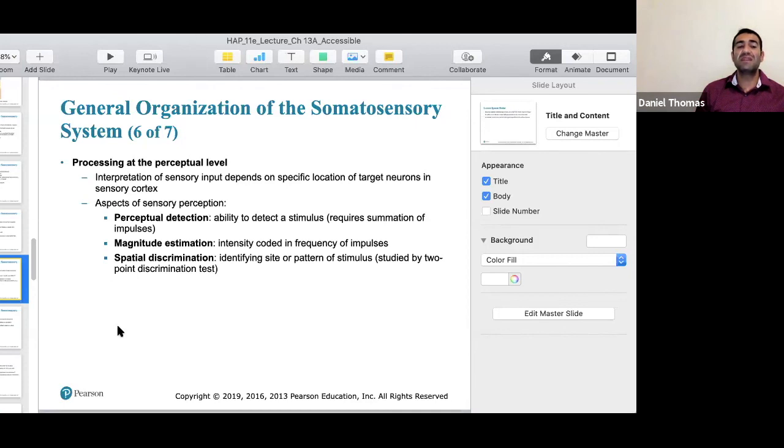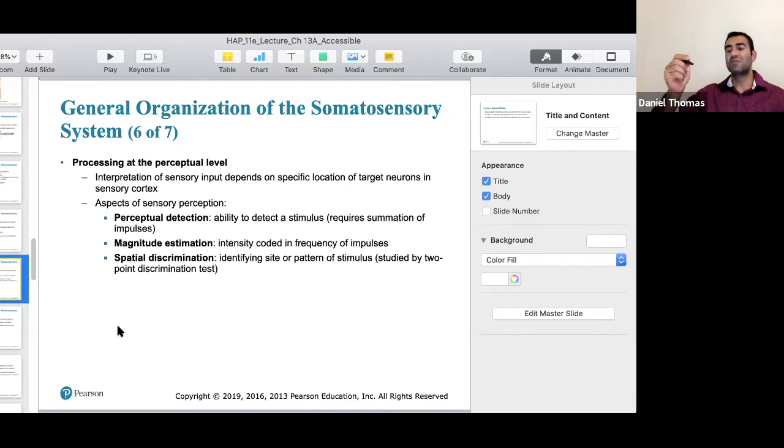Next is going to be spatial discrimination, where you are going to detect where the stimulus is applied and in what pattern. Of course, in lab we do something called a 2-point discrimination test. One thing you can do though, if you want to do it with a friend, is have them poke you somewhere.